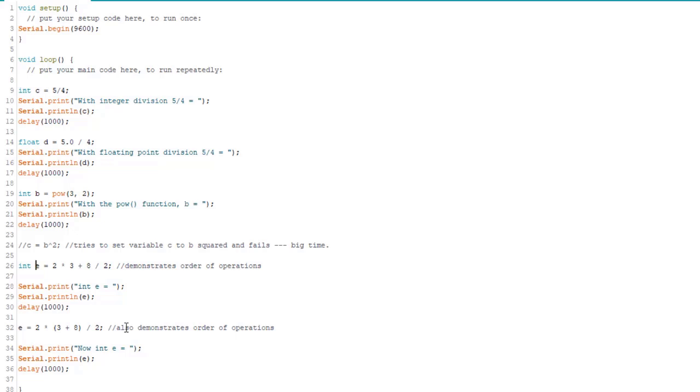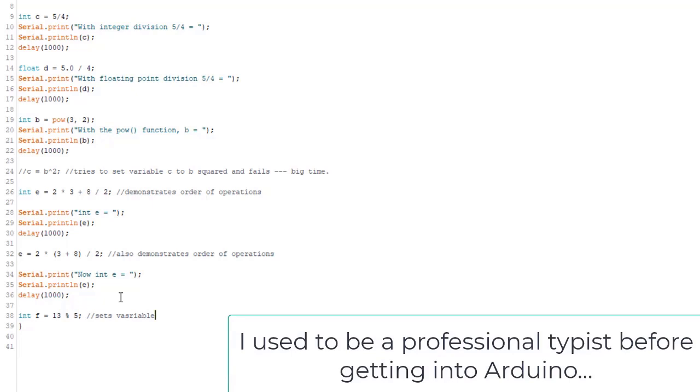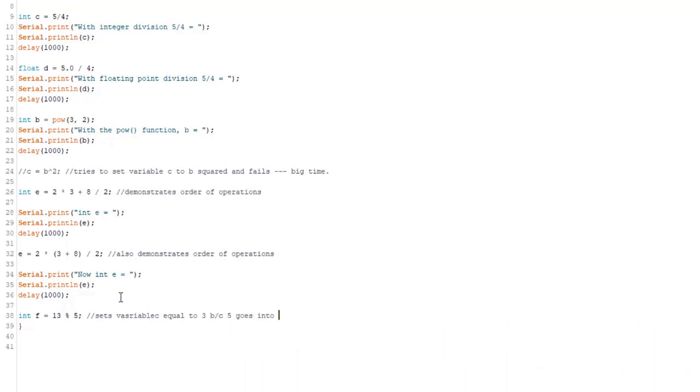So, for example, 13 modulo 5, and let's type this up here. int, and let's call it f this time, equals 13. And the symbol for modulo division is a percent sign, by the way. 13 modulo 5 sets the variable equal to 3 because 5 goes into 13 twice.